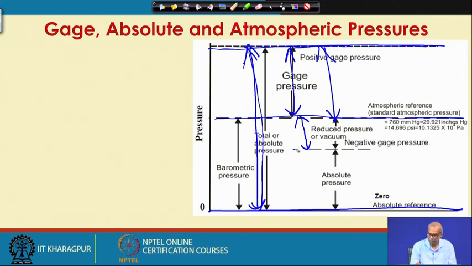Similarly, this pressure, which is this much vacuum with respect to atmospheric pressure, is this much absolute pressure, because now 0 is my reference.